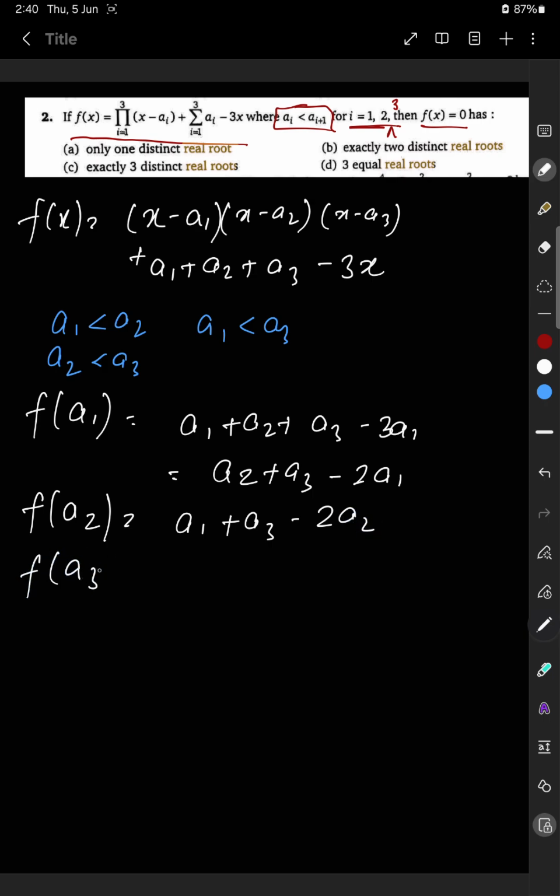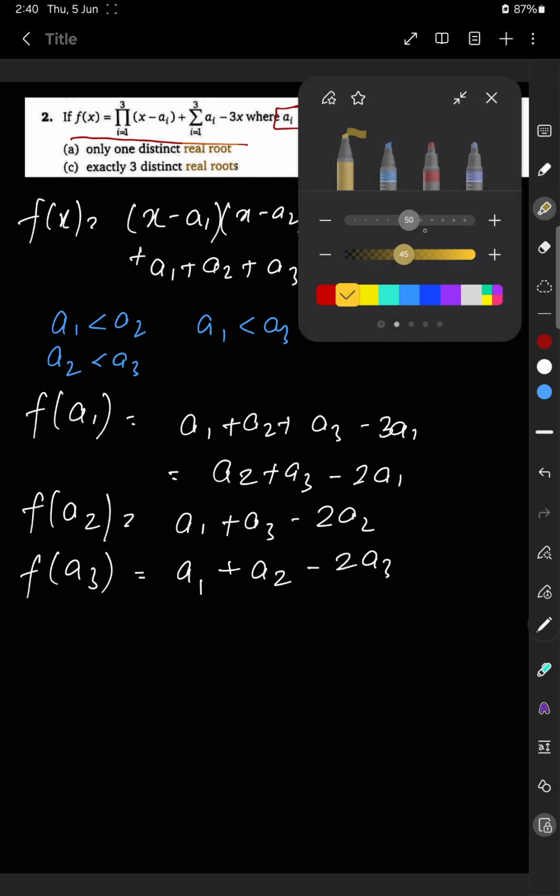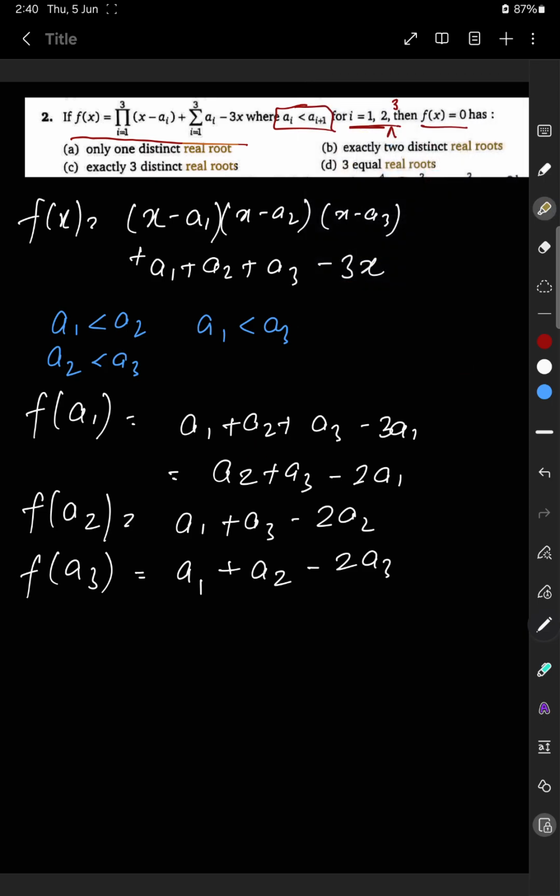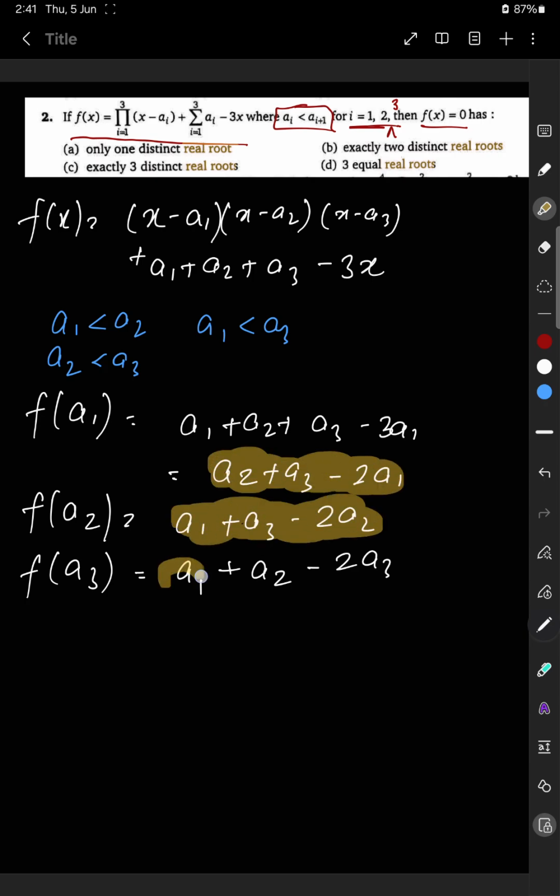We can always use this kind of symmetry, as we can see here, because this will save a lot of time even in your main exam. So now we have three equations.